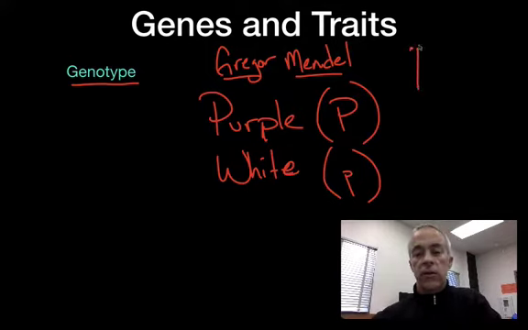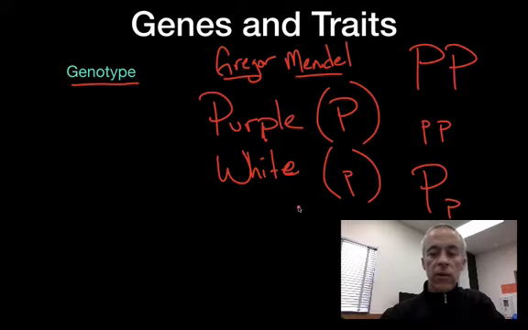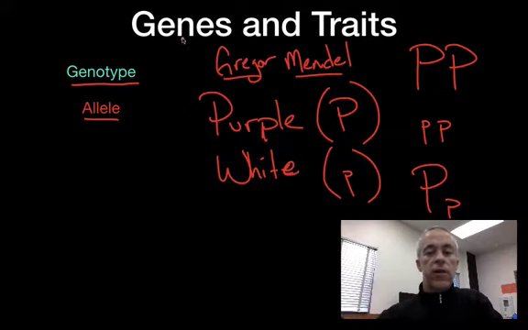You could have two capital P's, you could have two lowercase p's, or you could have one of each. And so each one of these letters refers to what we call an allele.